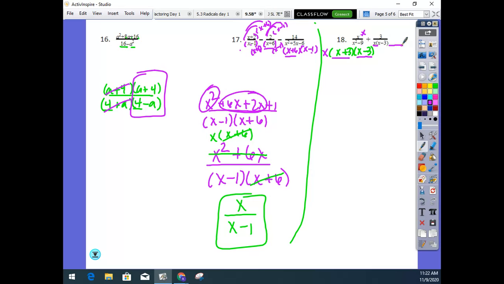This side is missing x plus 3, so I multiply top and bottom by x plus 3. X times x, x squared, plus, distribute the 3, 3x plus 9, all over the common denominator of x, x plus 3, x minus 3.